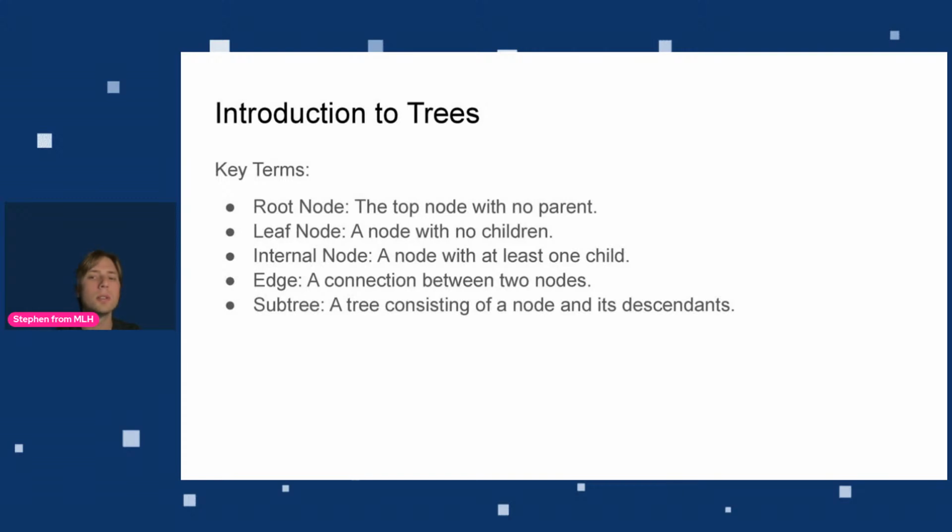And there's the internal node, which is a node with at least one child. And there's the edge, which is the connection between 2 nodes. And there's the subtree, excuse me, which is a tree consisting of a node and its descendants. And so, yeah, these are the different ones.